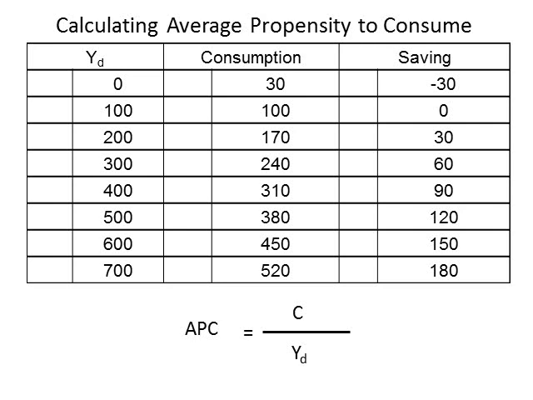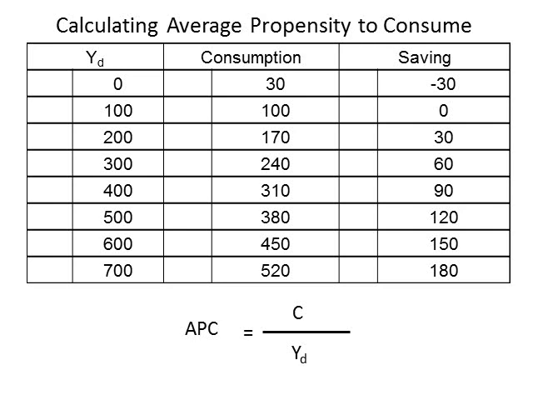At the $600 level, the individual consumes $450 worth of goods and services and saves $150. At the $700 level, the person consumes $520 worth of goods and services and saves $180.